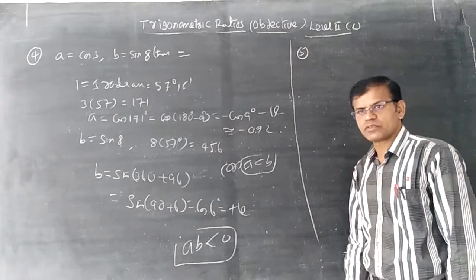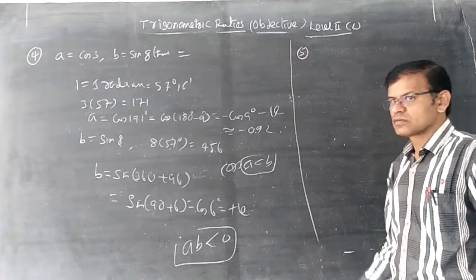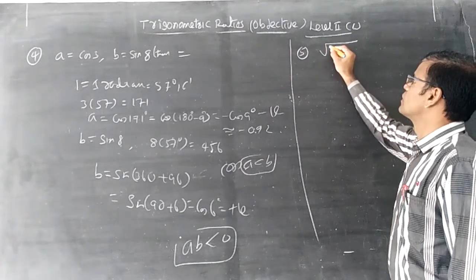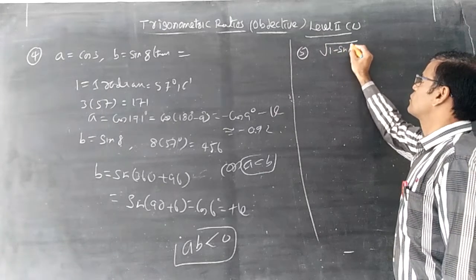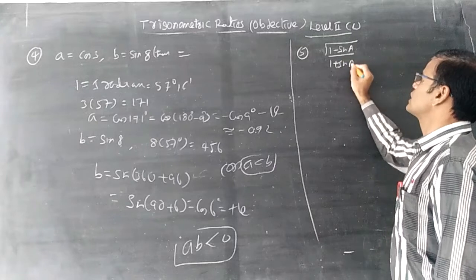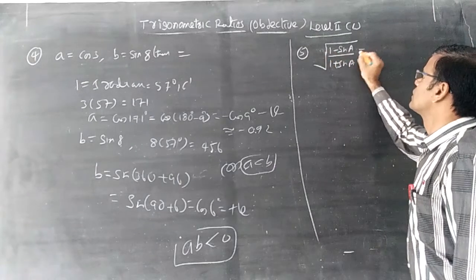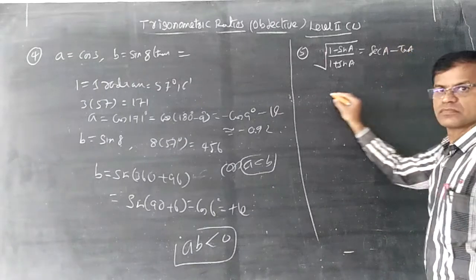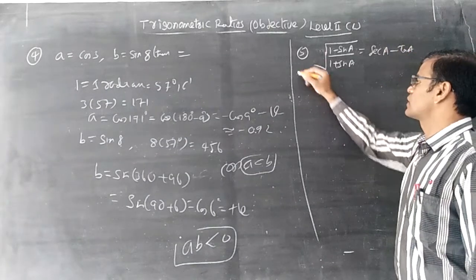Read the question, Hema, fifth. If root of 1 minus sin a by 1 plus sin a is equal to secant a minus tan a, a lies in which quadrant? Shortcut is there.